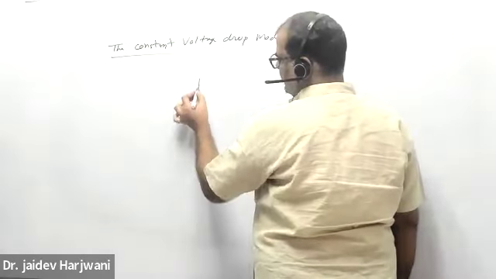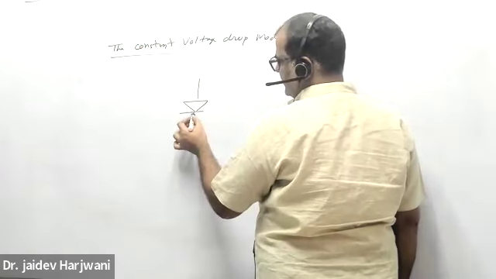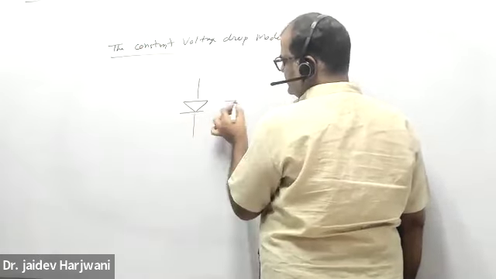So the constant voltage drop model says, this is plus, this is minus. And now I want to replace this diode.